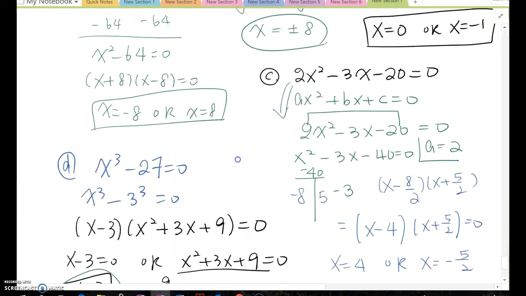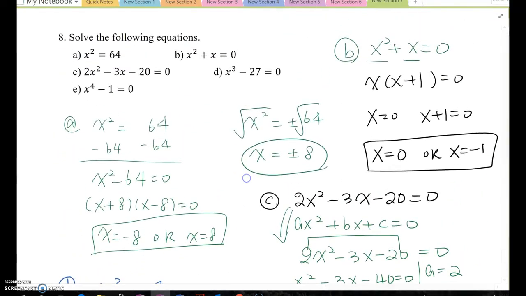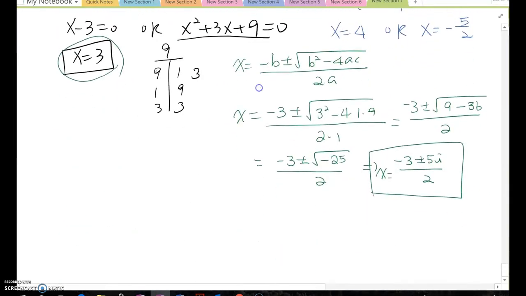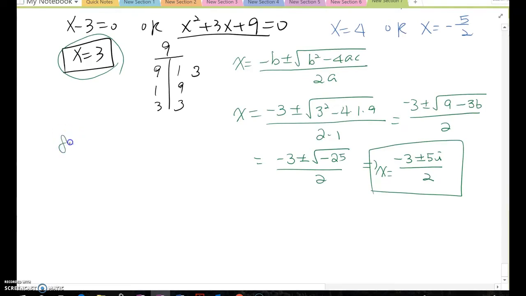Now, the next one is x^4 minus 1 equal to 0. Because 1 to any power is still equal to 1, you can rewrite this as x^4 minus 1^4 equal to 0.